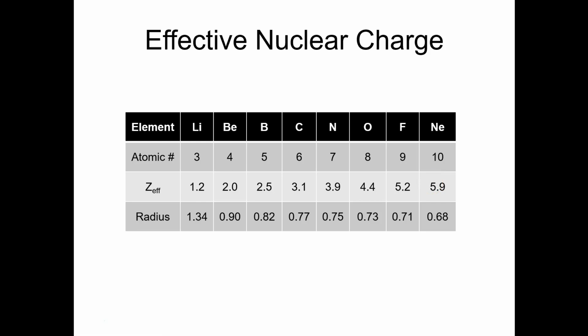And remember, opposite charges attract, according to Coulomb's law, and so that's going to tend to pull those valence electrons in closer to the nucleus and make the total size of the atom smaller. But even though these atoms are getting heavier, they are actually also getting smaller in the same group because they're experiencing a larger effective nuclear charge.